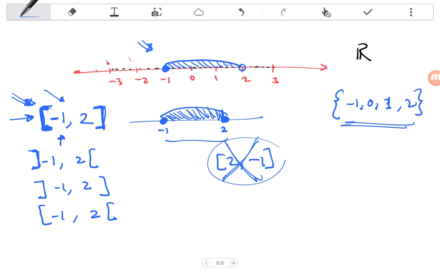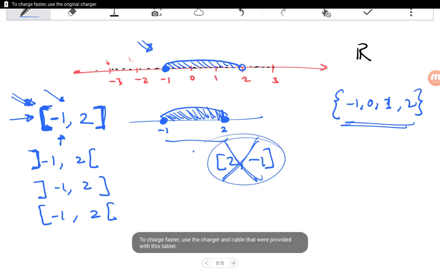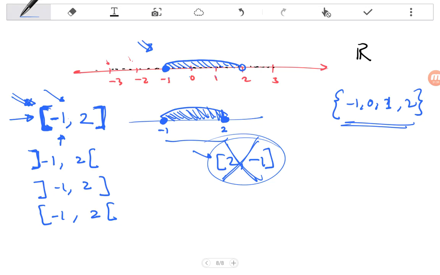This is not an allowed expression for an interval. If I need to express that interval, we write it from -1 to 2. Here -1 is closed and 2 is open. So I have all the real numbers from -1 to 2, and -1 is included in that set.